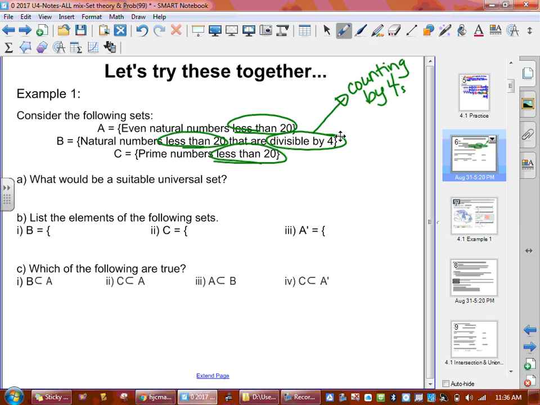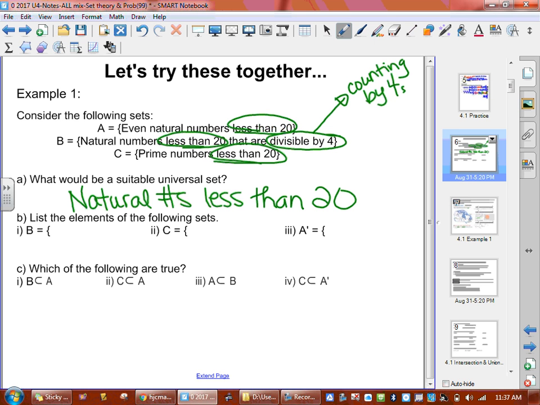Natural numbers less than 20. Now, if we were to write that in symbols, we would say n less than 20. So natural numbers less than 20. That's our suitable universal set.